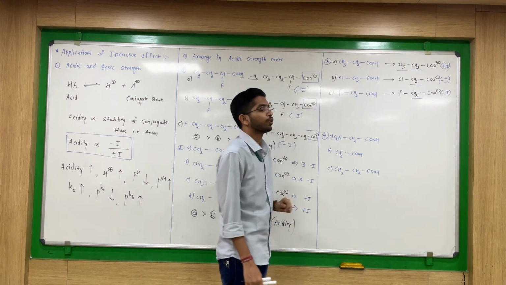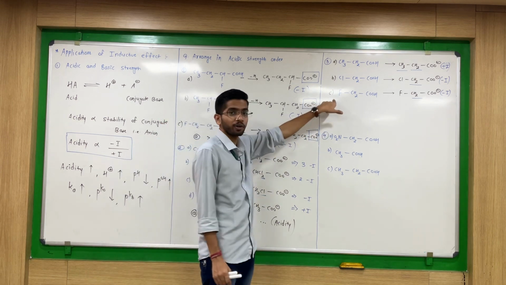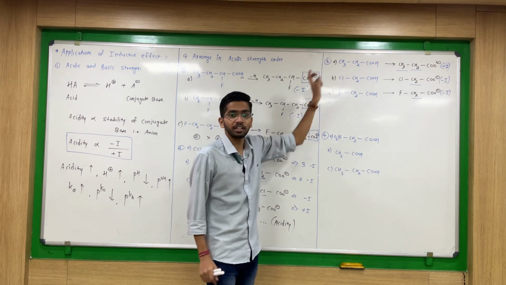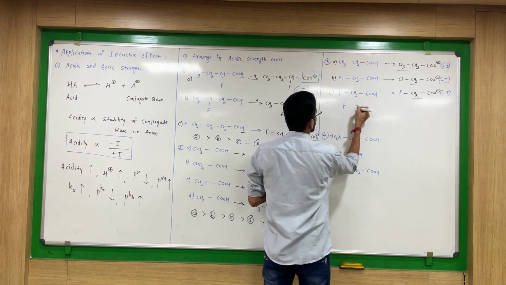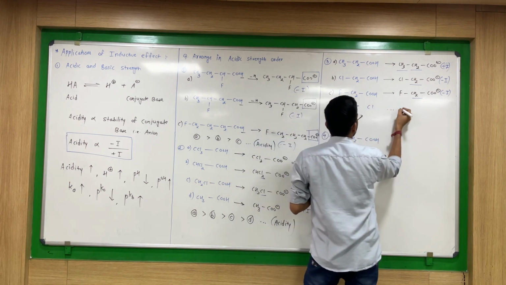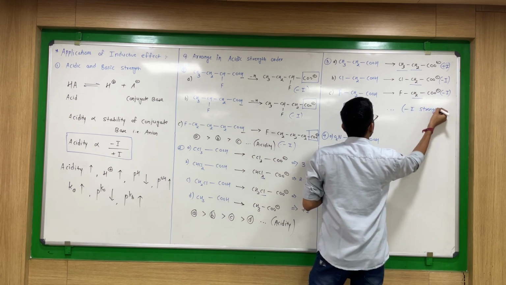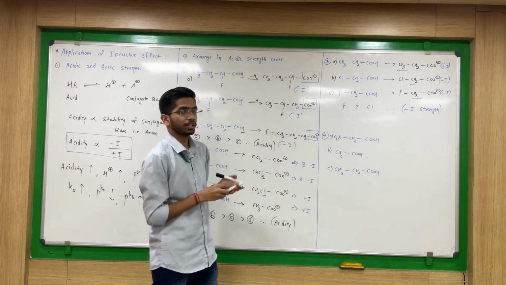Chlorine and fluorine, which has more strength of minus inductive effect? Obviously fluorine has more, right? We have seen that order. So fluorine has more minus inductive strength than the chlorine.